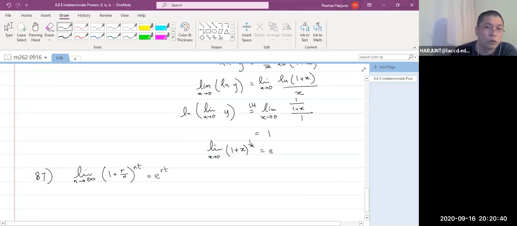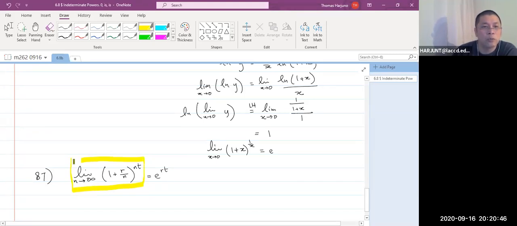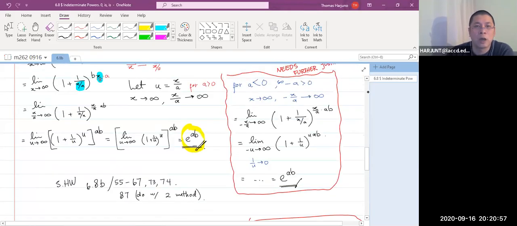That's what we need to show now. So you will see then proving this can be done using two methods: the limit natural log using the first method, or you can modify it here and there the way I did up here.